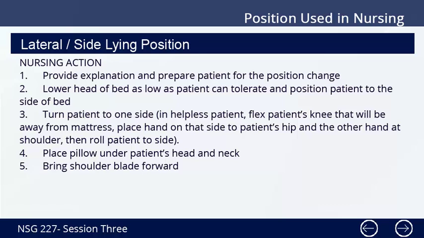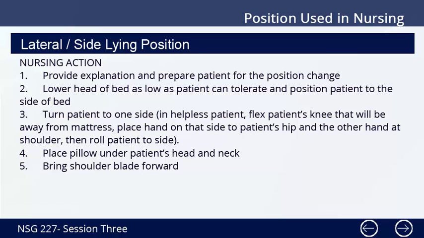It provides relaxation. 3. Turn patients to one side. In helpless patients, flex patient's knee that will be away from mattress. Place hand on that side to patient's hip and the other hand at shoulder, then roll patient to side. It prevents injury and trauma to tissue.